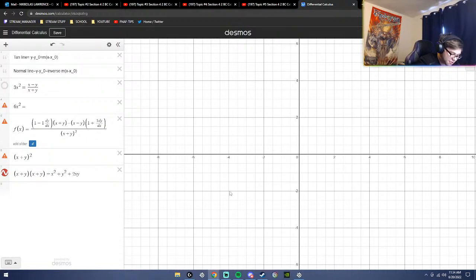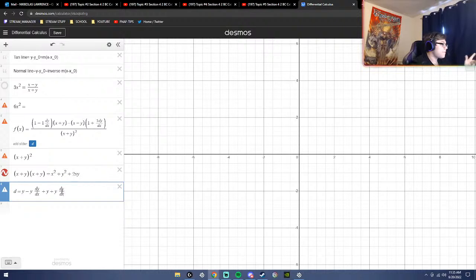Okay, I'm just gonna call this top a function. Let's just say d, because I'm lazy. So it's either that, or it could be this: dy over dx plus y dy/dx.